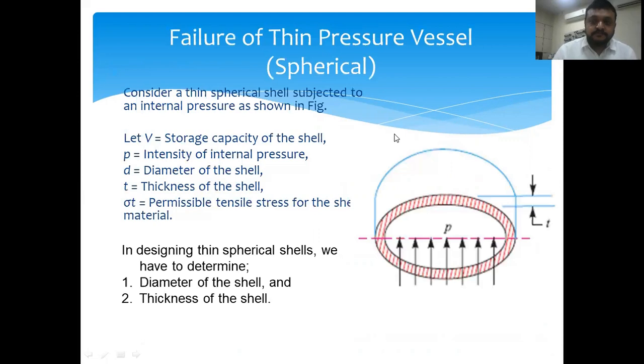Now we have to see thin spherical shells instead of cylindrical. You have to see the spherical shapes. Spherical means you have to consider the globe, the globe of the earth.